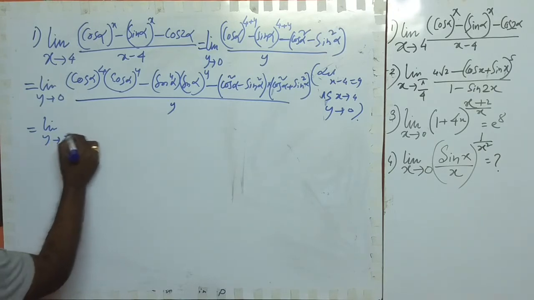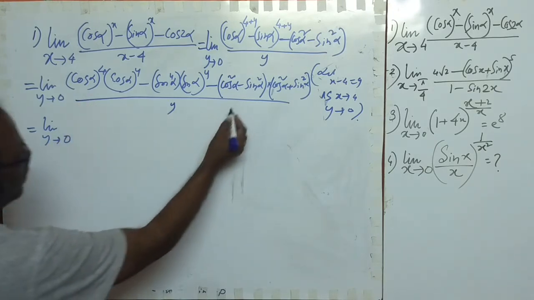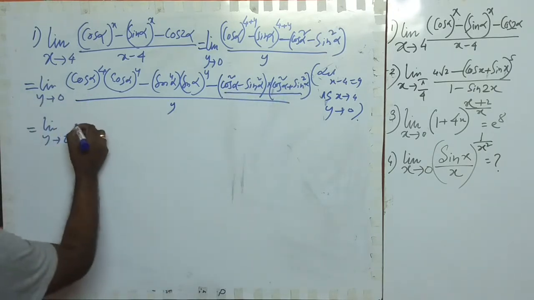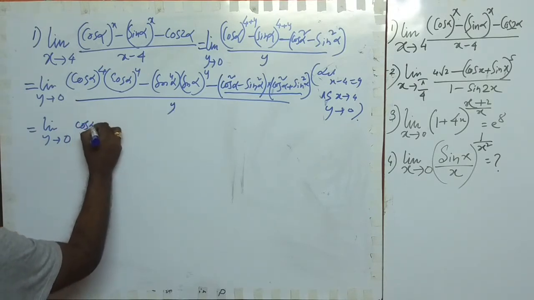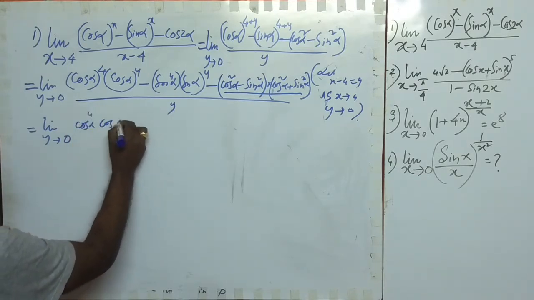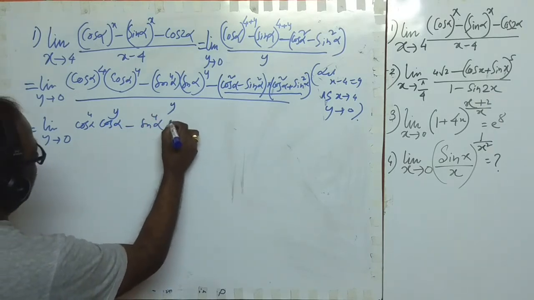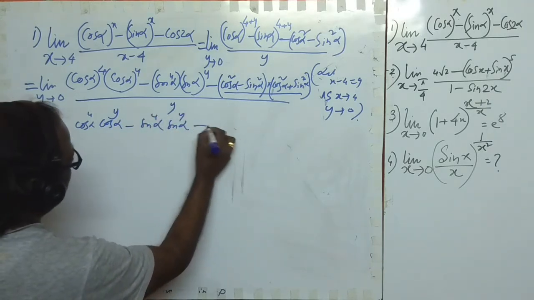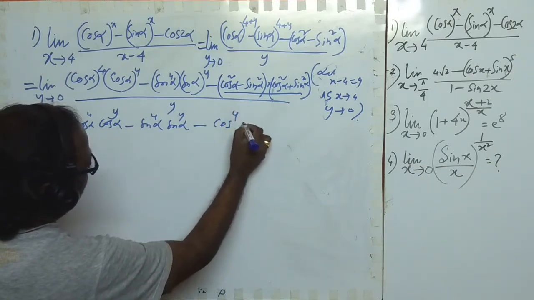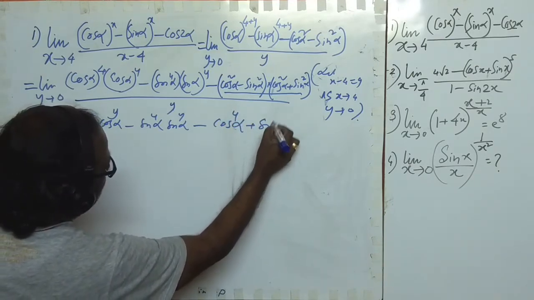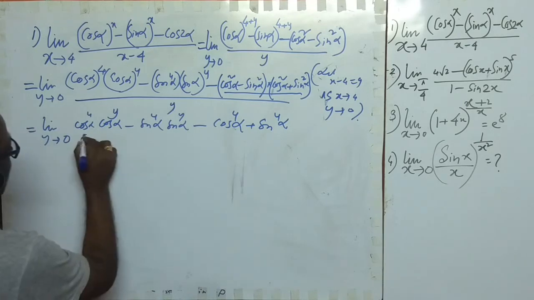And y tends to 0 here, and if we multiply this factor, again we write cos alpha to the power 4, cos alpha to the power y, sin alpha to the power 4, sin alpha to the power y, and cos alpha to the power 4 and sin alpha to the power 4.